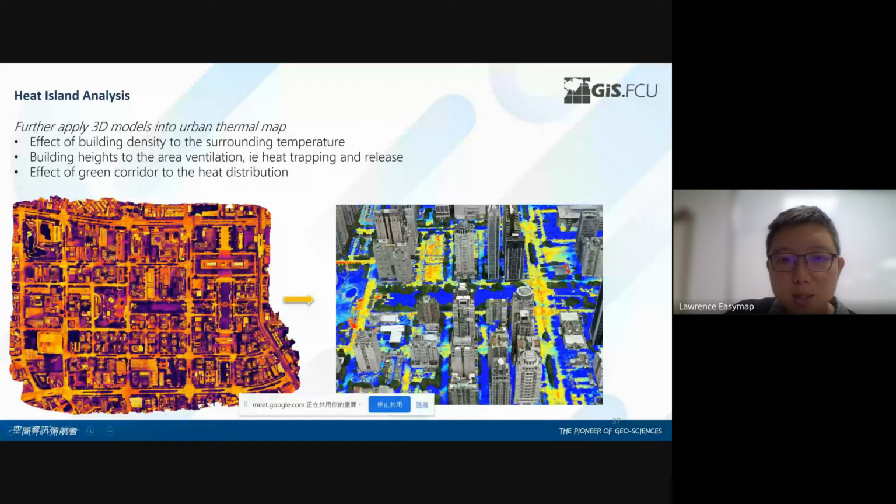So how can this green corridor affect the heat distribution? I believe this is a good effect on the heat island effect. So by applying the 3D models, we can have an even better understanding of how heat distributes and also how to improve the living standard of the citizens here.